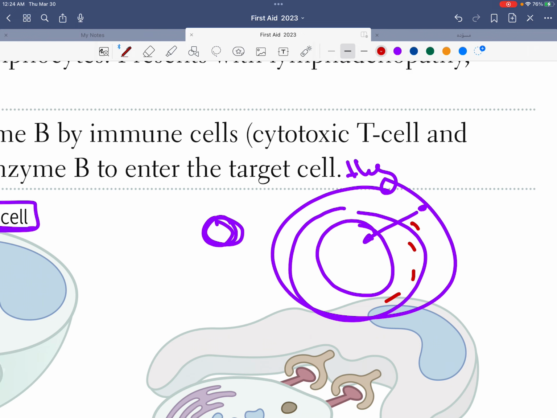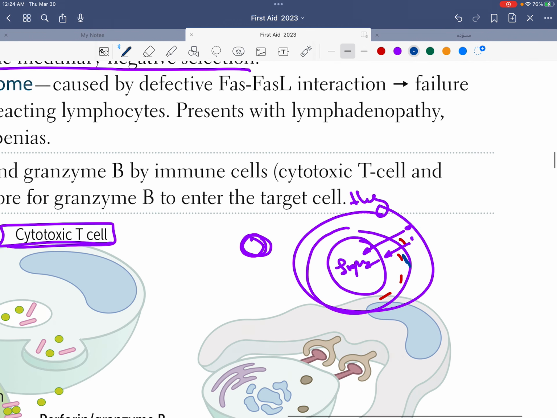Okay, so we are checking: are these cells undergoing positive selection, which means we are choosing them to survive and go fight infection, or are they undergoing inhibition or negative selection, which means they are not allowed to go and fight infection?